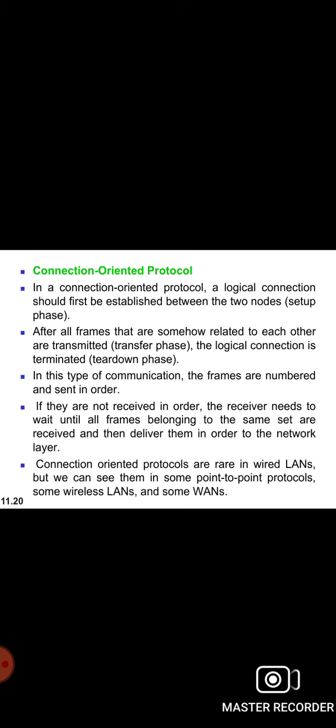Connection oriented protocols are rare in wired LANs, but we can see them in point-to-point protocols, some wireless LANs and some WANs. Now the protocols are divided into two categories, that is for noiseless channel and for noisy channel.